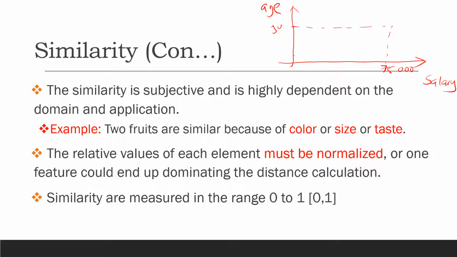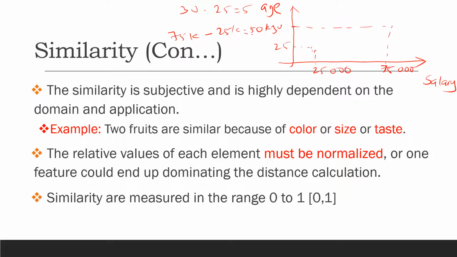Another person's age is 25, his salary is 25,000. So what is the range for age? The age range is 30 minus 25, which is 5. But the range between the salaries, 75,000 minus 25,000, is equal to 50,000.